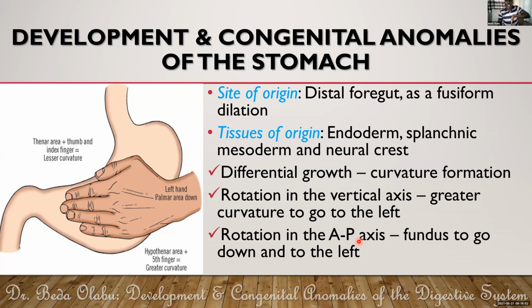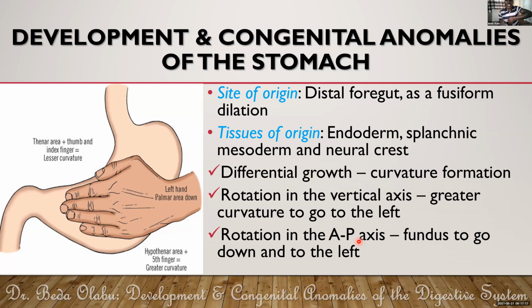Try to make it rotate in the vertical axis 90 degrees, and you'll realize only one direction is possible, that way. The side of the thumb represents the anterior border. It will go to the right. The side of the small finger representing the posterior border will go to the left.